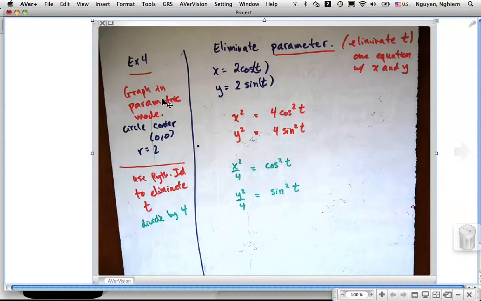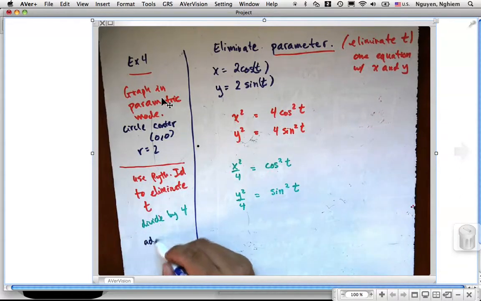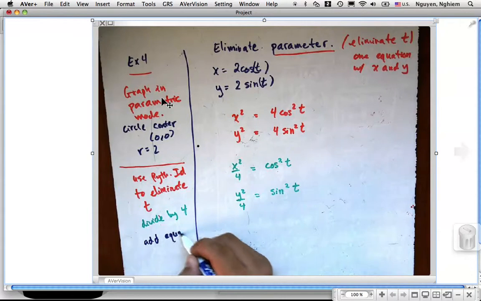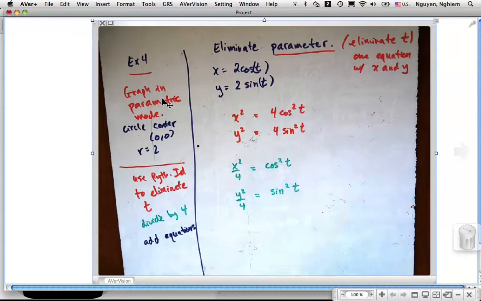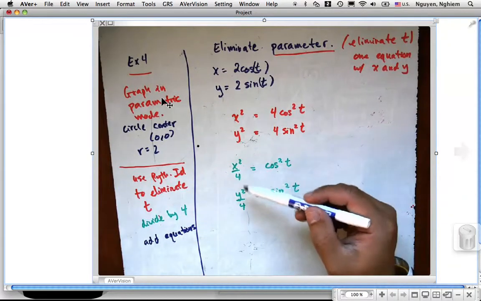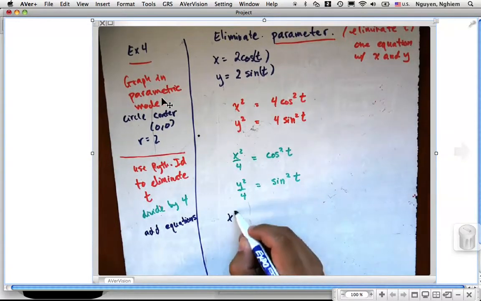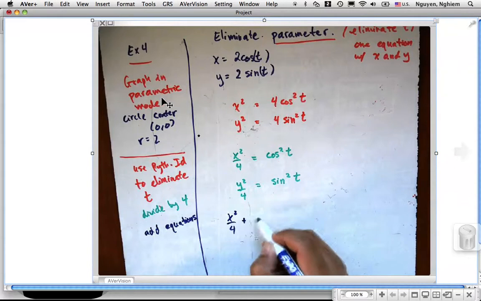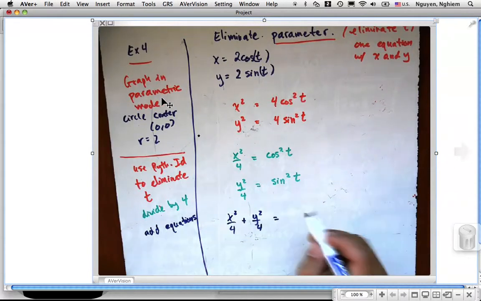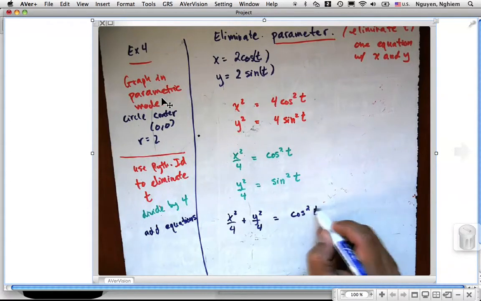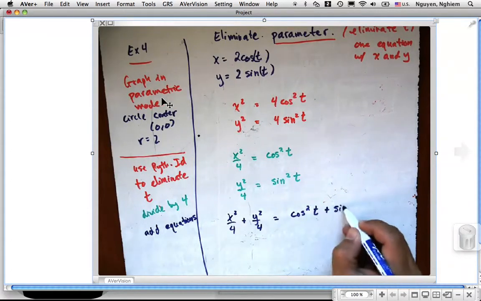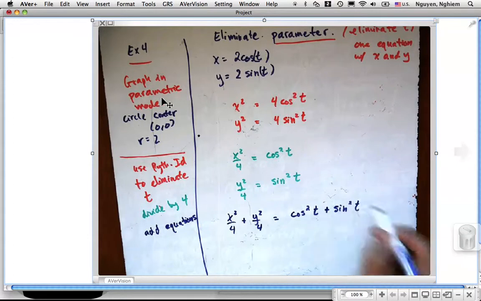Then I'm going to add the two equations together. There's nothing wrong with adding equations as long as you add the left side and the right side. I get x squared over 4 plus y squared over 4 equals cosine squared t plus sine squared t.